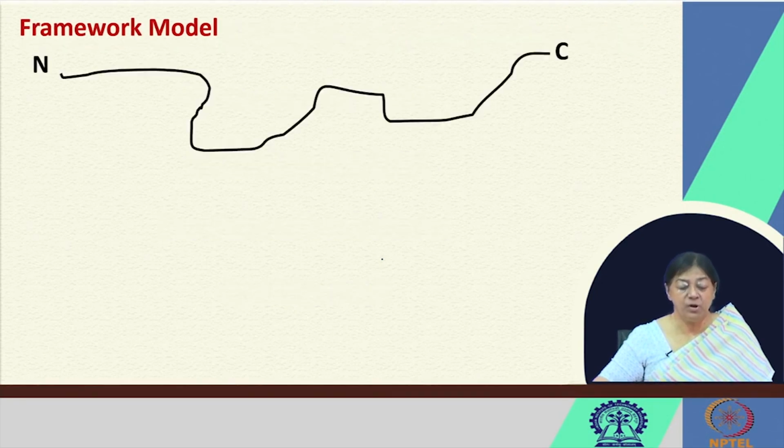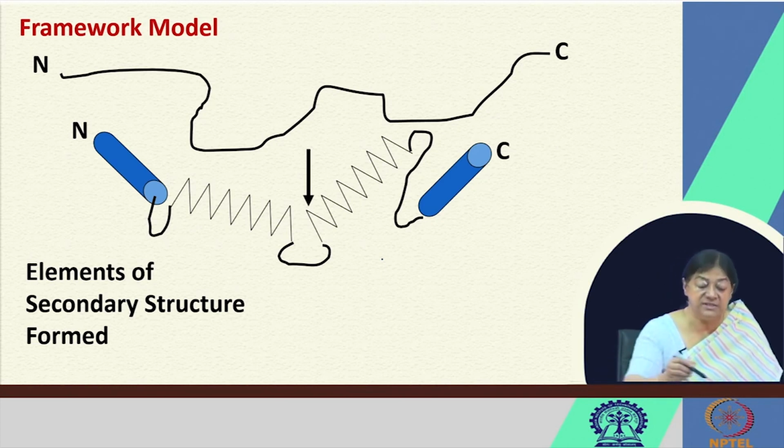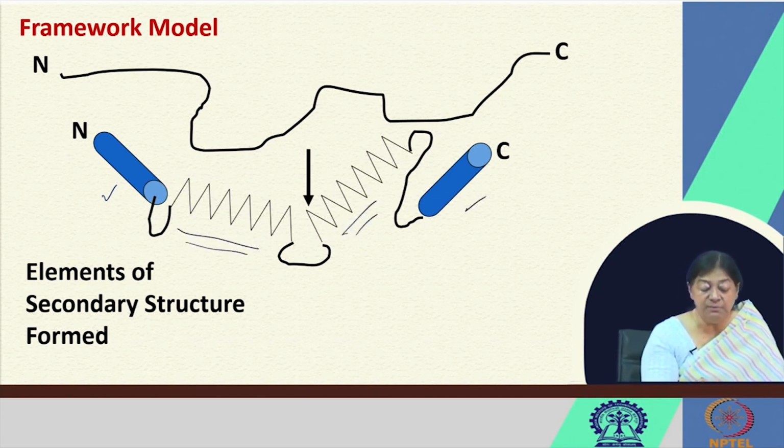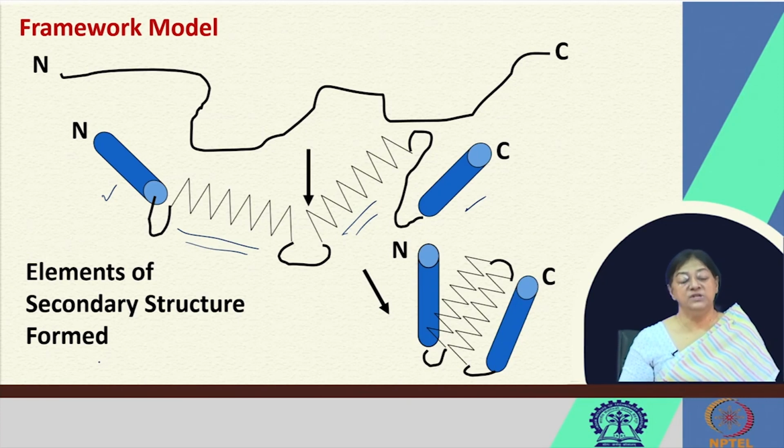In the framework model, we have this polypeptide chain. The framework model tells us that we would have the elements of secondary structure formed. So, we see a set of strands, and a set of helices; these are helices and these are specific strands. These elements of secondary structure are formed first and then they form the folded structure.